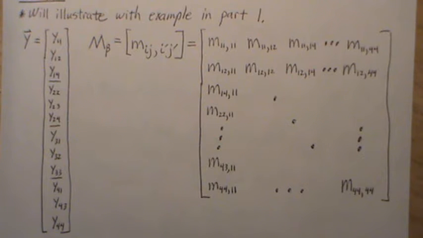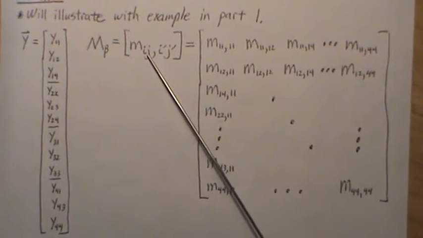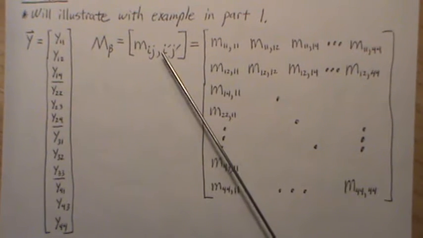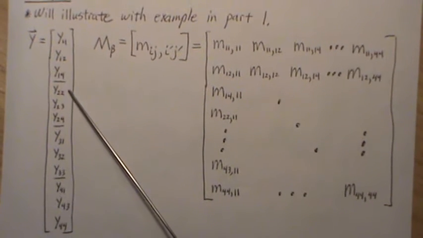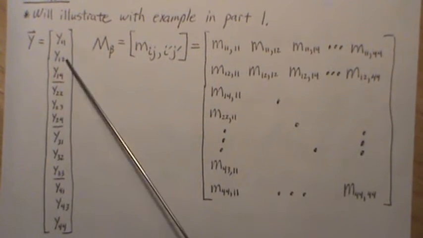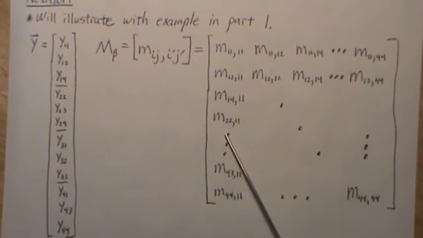So M23 by whatever. So M23 means we go to the 2,3. So this is 1, 2, 3, 4, 5. It's the 5th one. 1, 2, 3, 4, it'd be actually this next one.